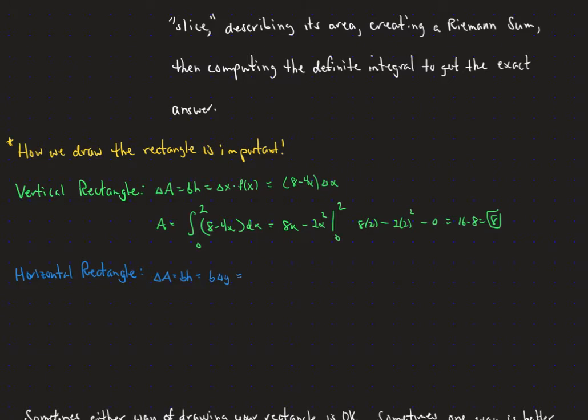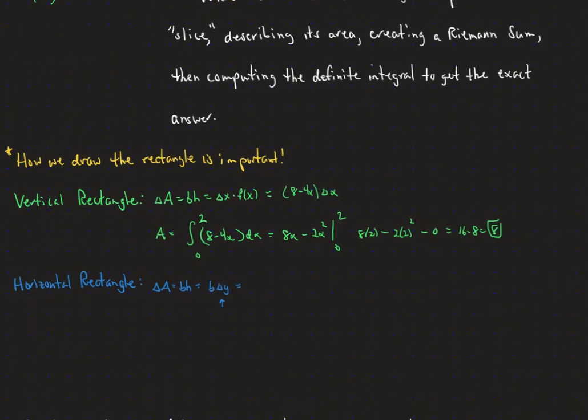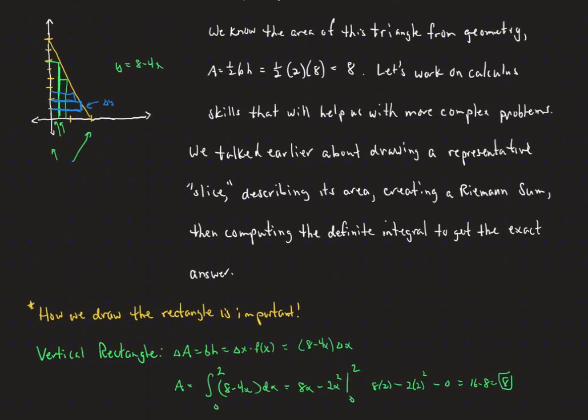So that means we are going to end up integrating with respect to y, which means we need our base in terms of x. That distance right here is the x coordinate of that point, but we have our function given in terms of y. So we will rewrite this with x in terms of y.